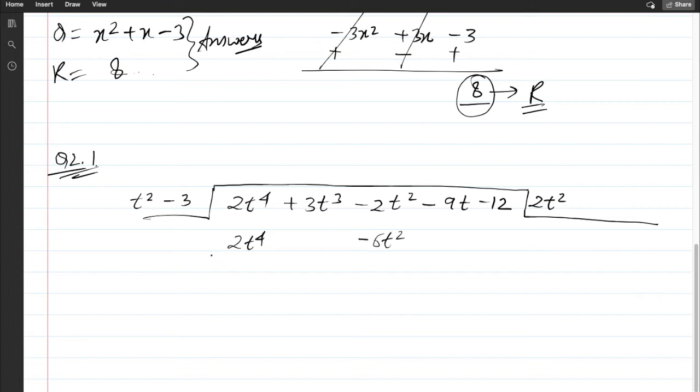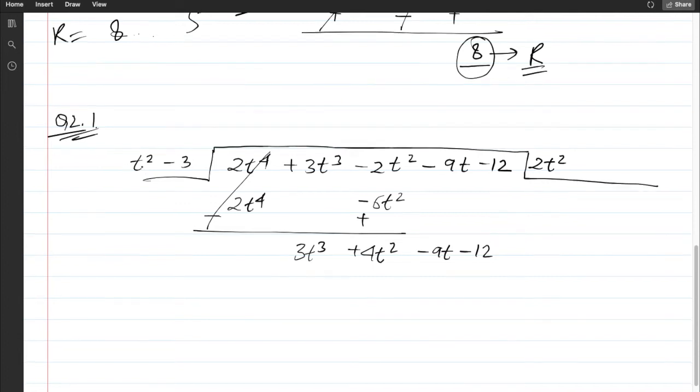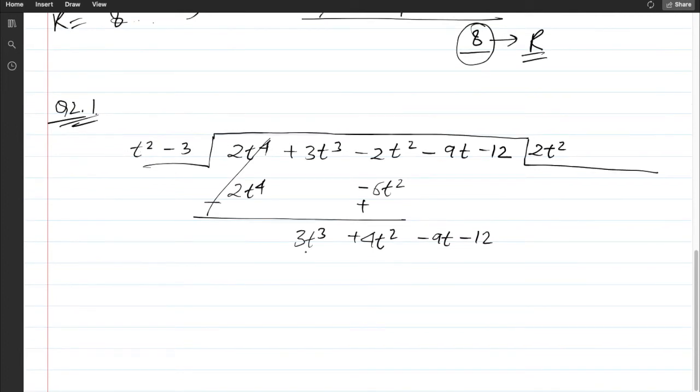Plus will become minus, minus will become plus, and you will cancel them out. This will come down as it is, 3t^3, and this will be converted, this is plus, this is minus, so you get plus 4t^2, and these will come down like minus 9t and minus 12. Now I need to multiply this expression with something so that I can get 3t^3, so I will multiply it with plus 3t.